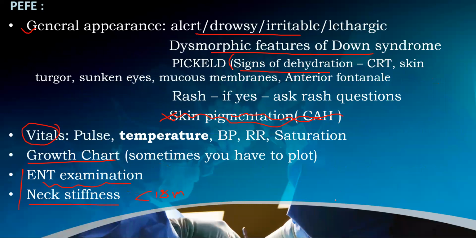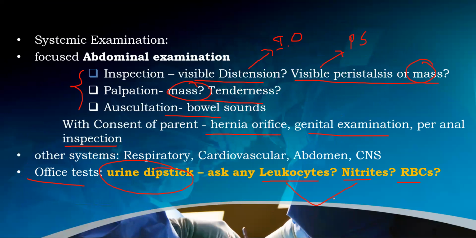Okay, so that's your physical examination for almost every vomiting cluster. So you just need to remember this format in your head. You will start with the general appearance, followed by vitals and growth chart, then ENT examination and neck stiffness, followed by abdominal examination.